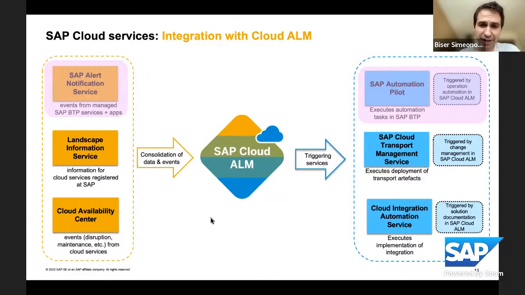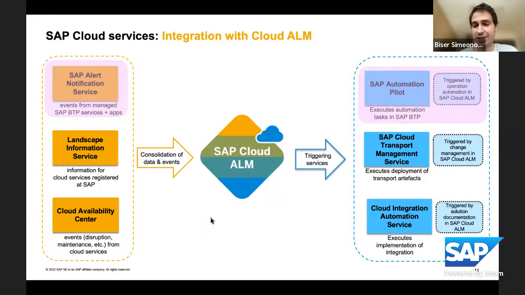And furthermore, Cloud ALM, similar to the Automation Pilot, can be triggering particular services such as Transport Management Service, Automation Service, and many more. But on top of it, it can trigger commands which are already available and part of the SAP Automation Pilot.